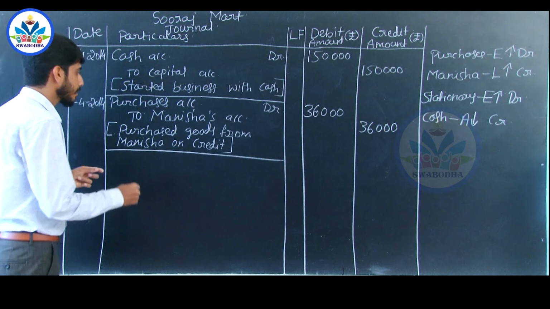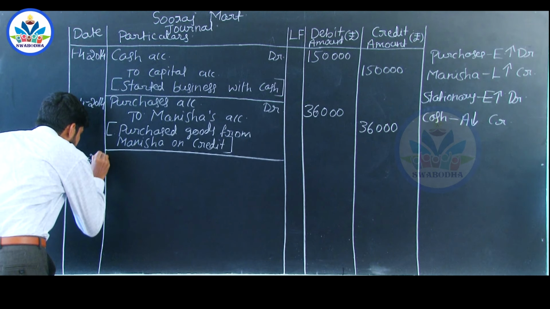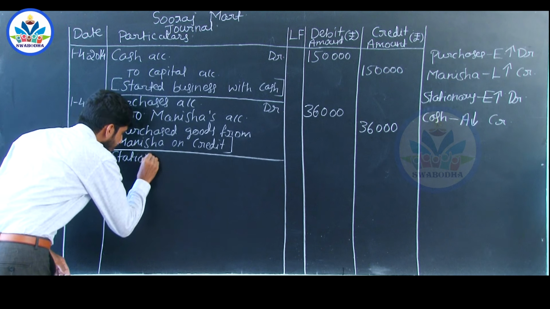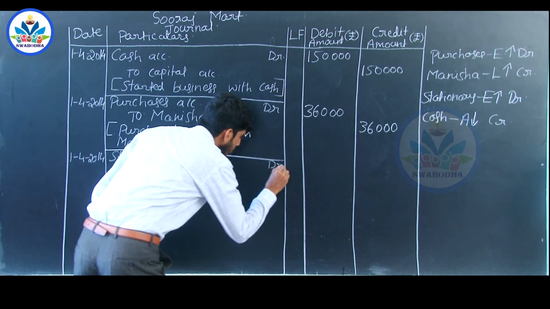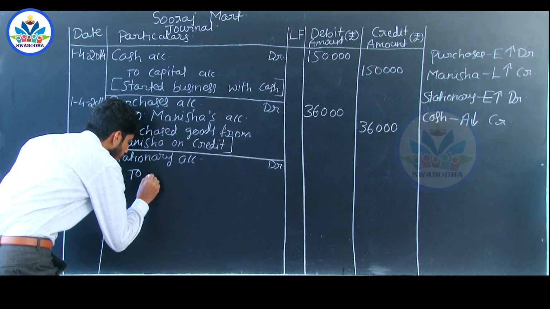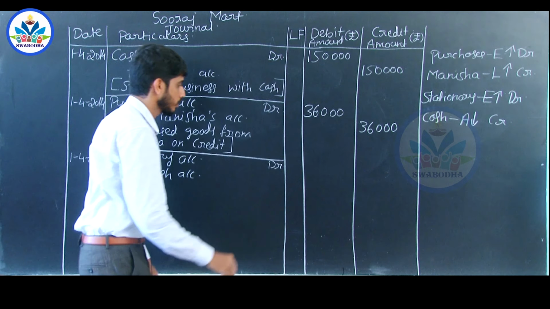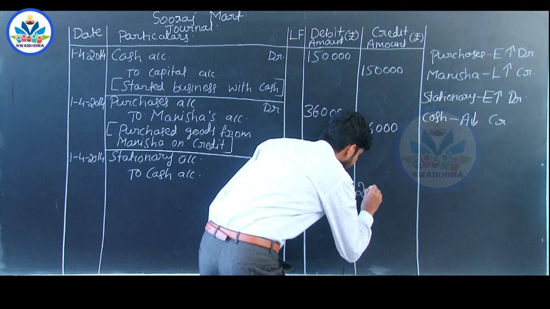Now, pass the entry, date is same, 1/4/2014, account that has to be debited is stationery account debited to cash account and the value is 2,200.